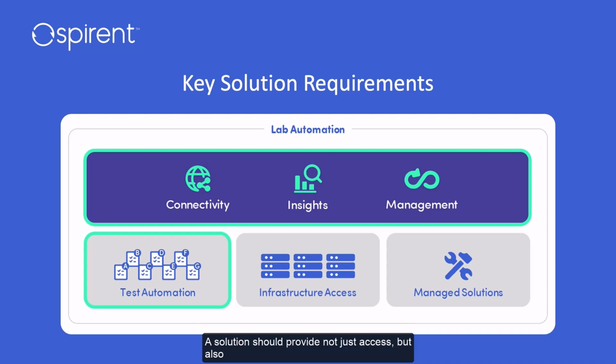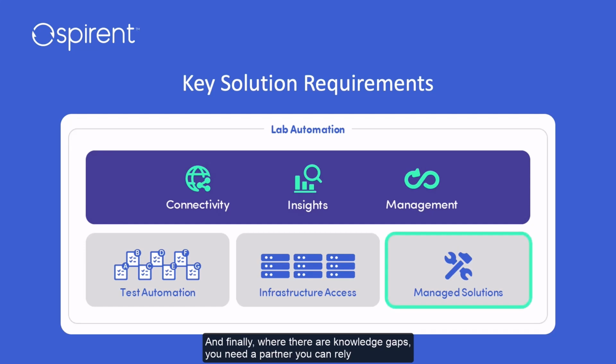A solution should provide not just access, but also in-depth analytics for really understanding what's going on during testing in order to improve results. And finally, where there are knowledge gaps, you need a partner you can rely upon to ensure your initiatives can successfully meet their objectives.